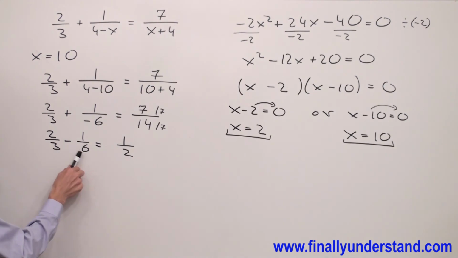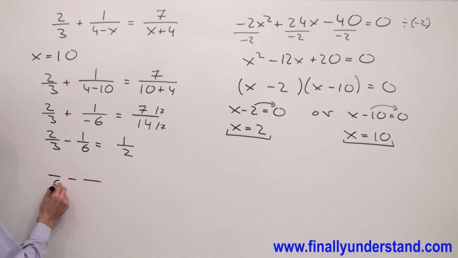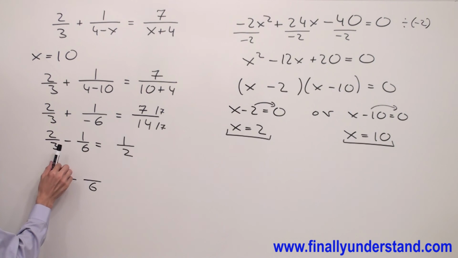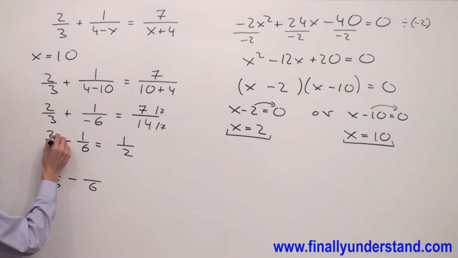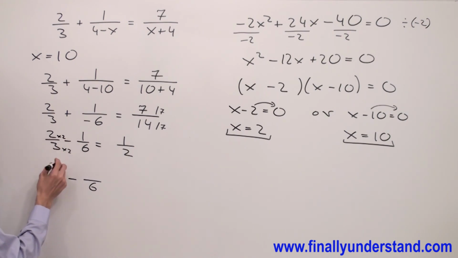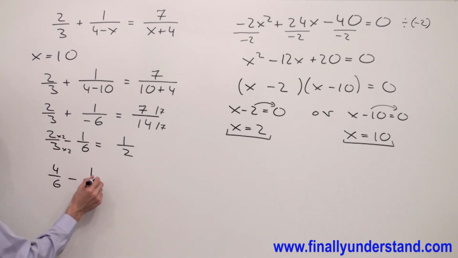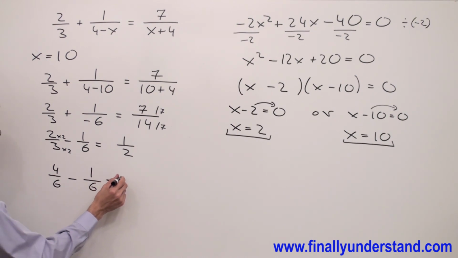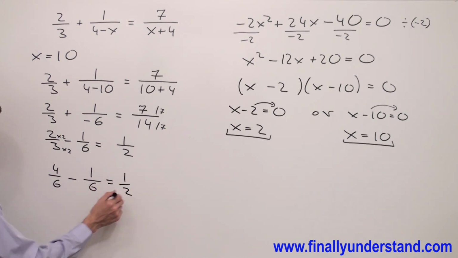The common denominator for these two fractions is 6. In order to obtain 6, I have to multiply this denominator by 2. Whatever I did in the denominator, I have to do also in the numerator. 2 times 2 equals 4. And I have 1 over 6 here, equals 1 over 2.